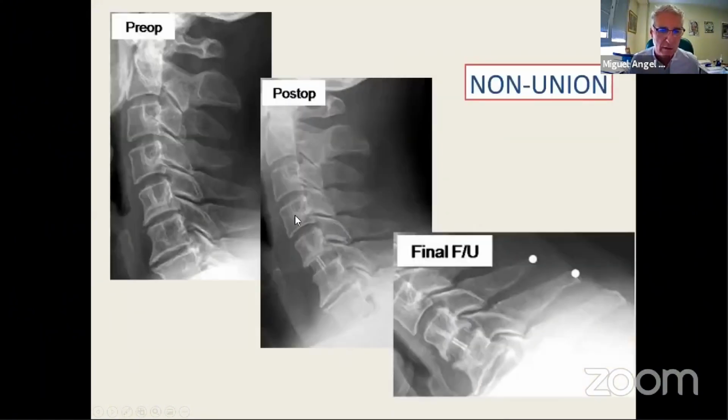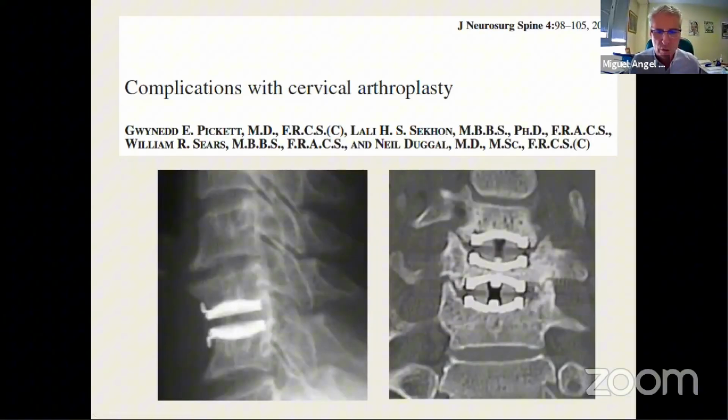And well, it is something that has been described, the possibility of pseudoarthrosis non-union after anterior approach, irrespective of the material you have used. Talking about arthroplasty, it seemed at the very beginning to be a very promising technique, but I have to mention that in our team, we have been using that less and less due to the late fusion and also the possibility of complication.